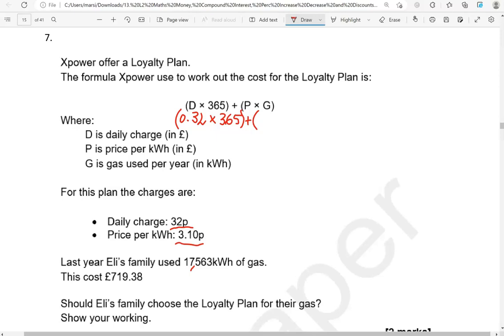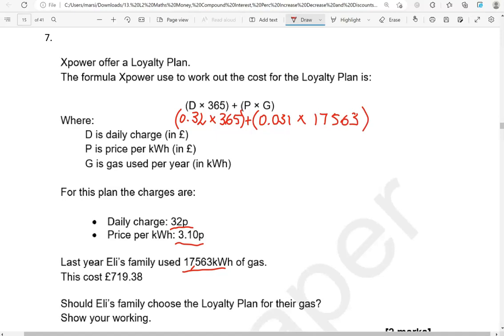That is 3.10 pence. So we're going to write it as 0.031. That's what it would look like in pounds, times G, gas used per year, that was 17,563.